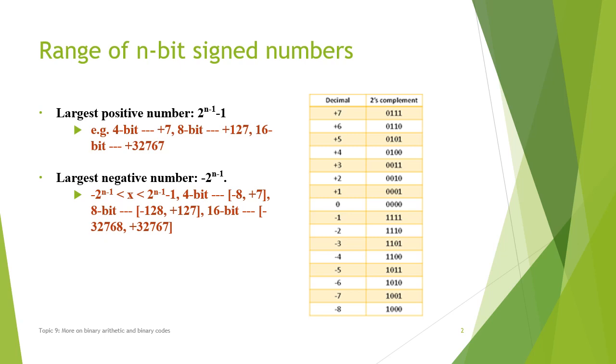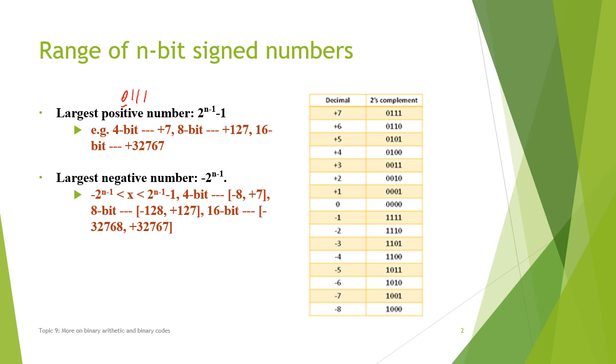For example, for a 4-bit signed binary, the biggest positive number we can write is 0111, because the first bit has to represent the sign bit. And the magnitude of this number is 7. So the largest positive number is 7.